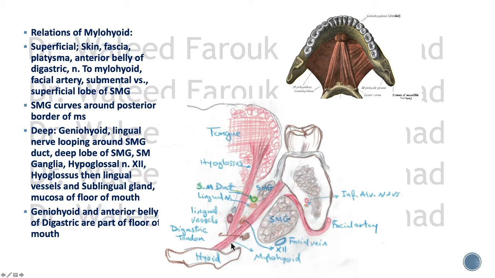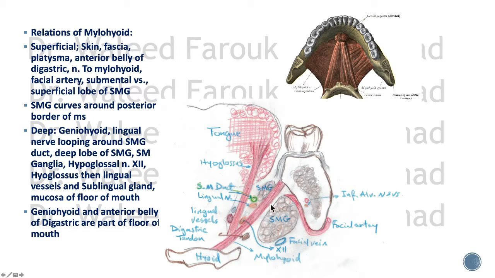Outside the mylohyoid, which is inferior or infralateral to the mylohyoid, are superficial structures like the submandibular gland, the facial artery with its relation to the submandibular gland on its way to the face, the facial vein, skin, fascia, platysma, the cervical branch of the facial nerve, and the anterior belly of digastric is superficial to the muscle.